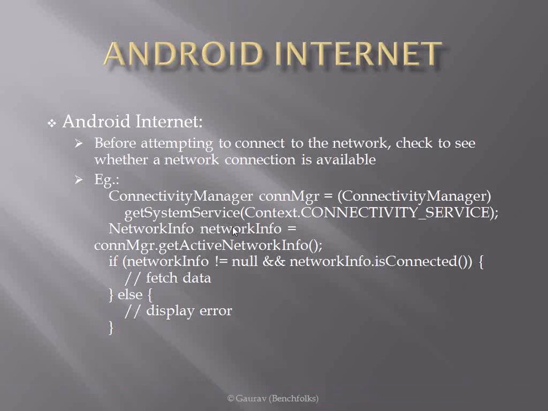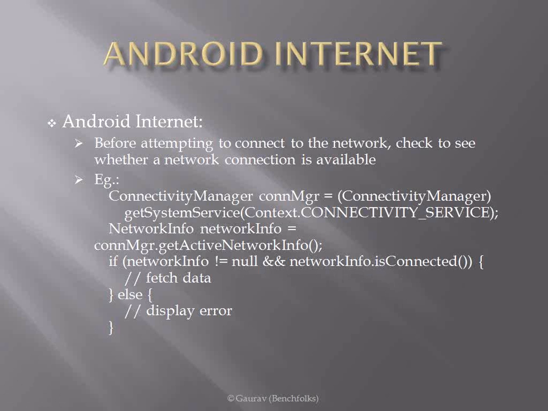After creating this object, you check if that object is not null and if it is connected. That means you are connected to the internet by one of the means, by Wi-Fi or your data connection. If both if conditions are true, you are connected properly to the internet.